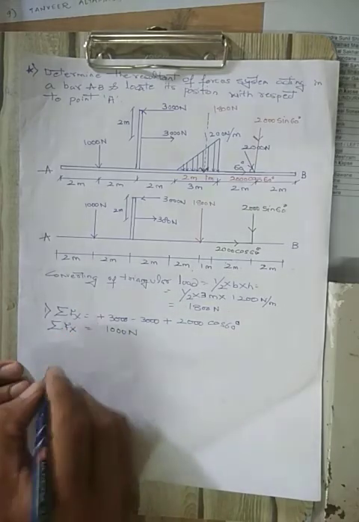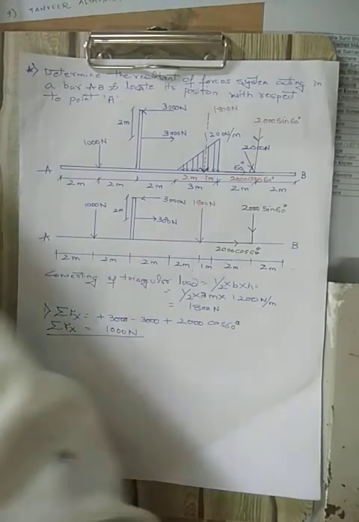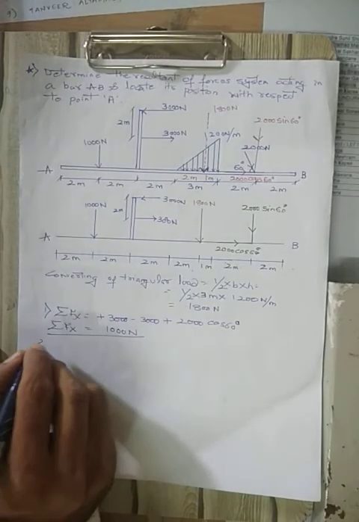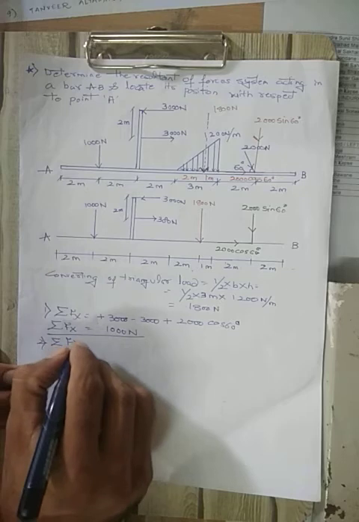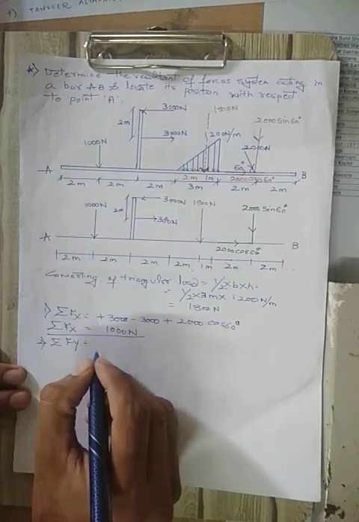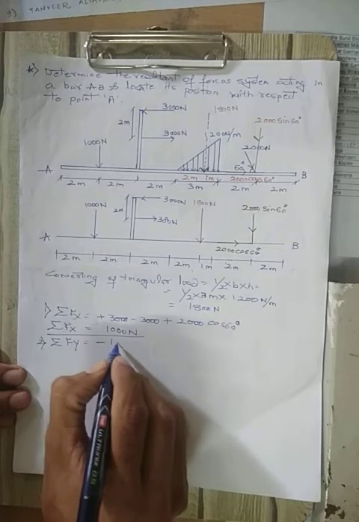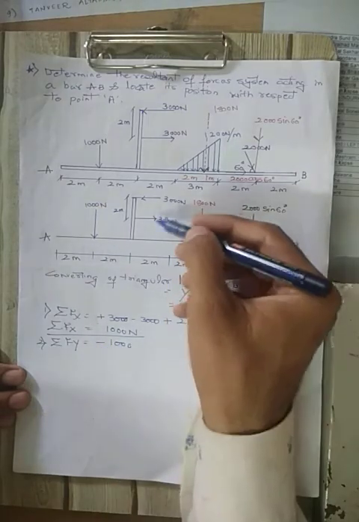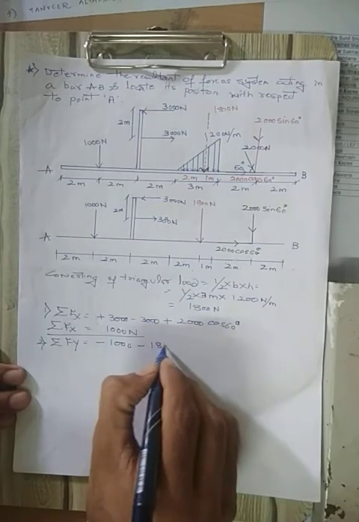Summation of Fx is equal to 1000 newtons. Same way, summation of Fy, number 2. Summation of Fy: the first force is downward, minus 1000. What about this? These are the two horizontal forces. Minus 1800, downward.